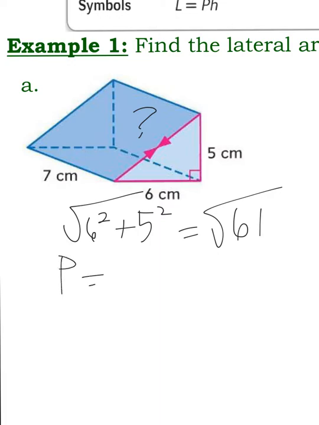So perimeter equals 5 plus 6 plus square root of 61. I'll type in square root of 61, add that to 5 and 6 for my perimeter, and I get about 18.81.